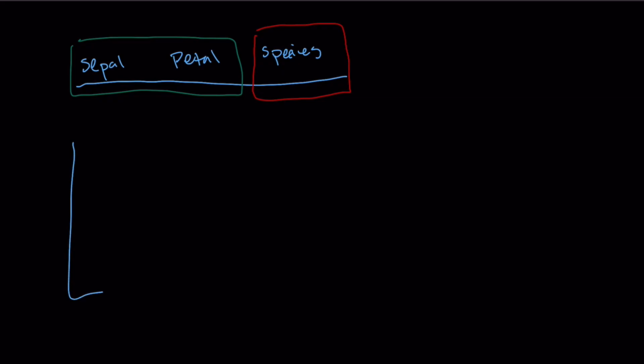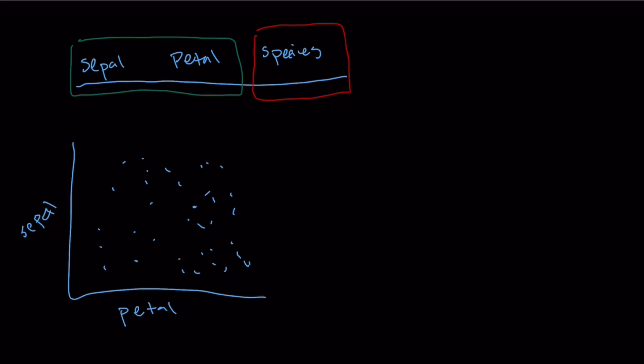Say we have an X and a Y axis, where this is our sepal length and this is our petal length. With clustering, we would have a bunch of different data points based on what the sepal length and the petal length are, just some scattered data all over the place.